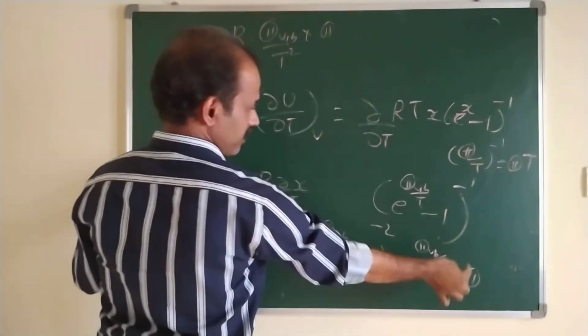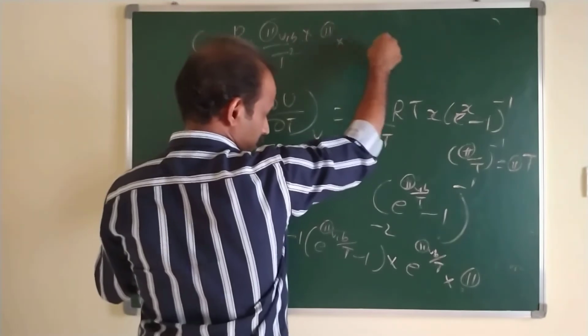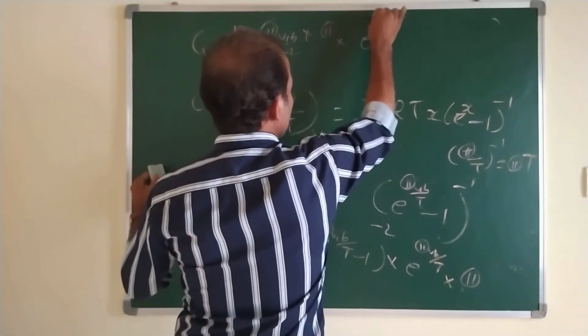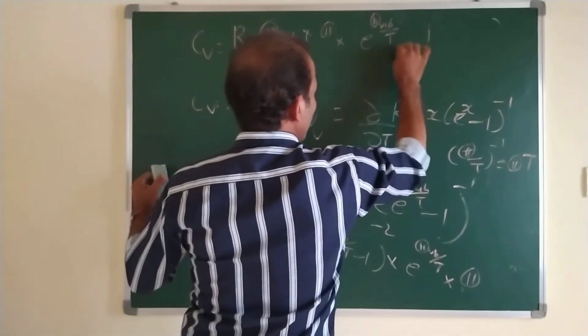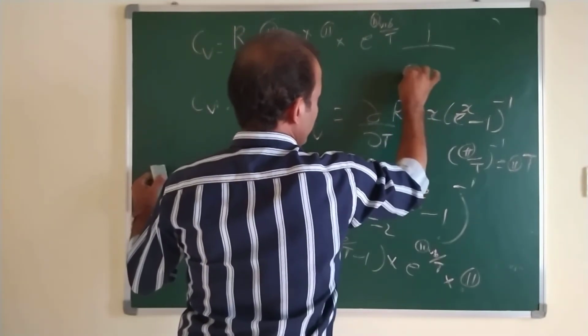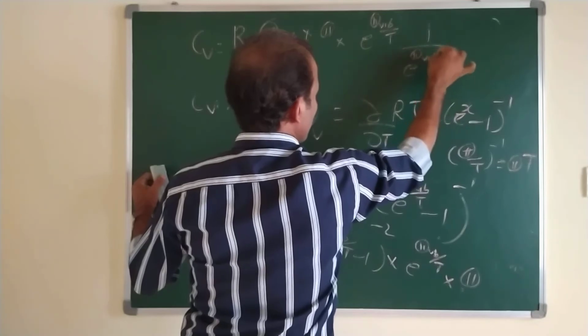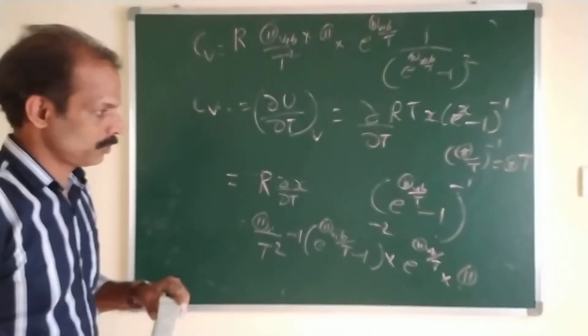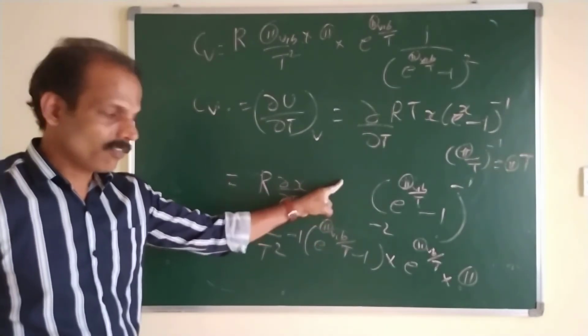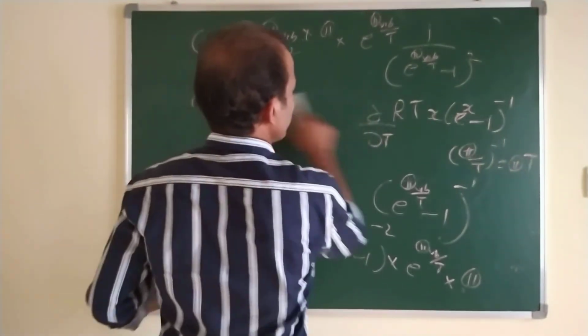into theta into e raised to theta vibration by T into 1 by e raised to theta vibration by T minus 1, all raised to 2. We can write it as 1 by e raised to theta vibration.